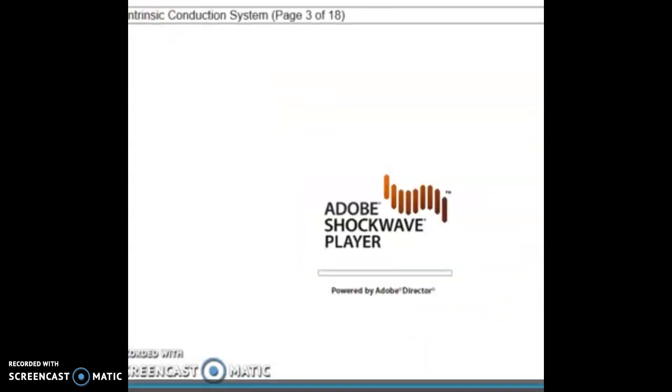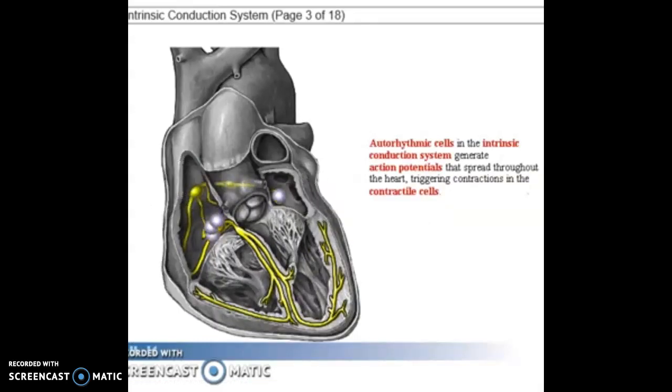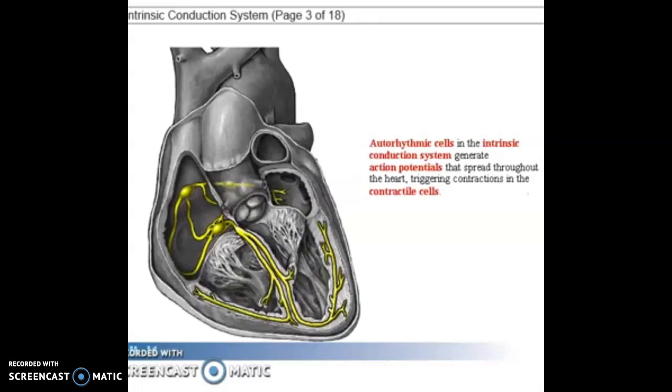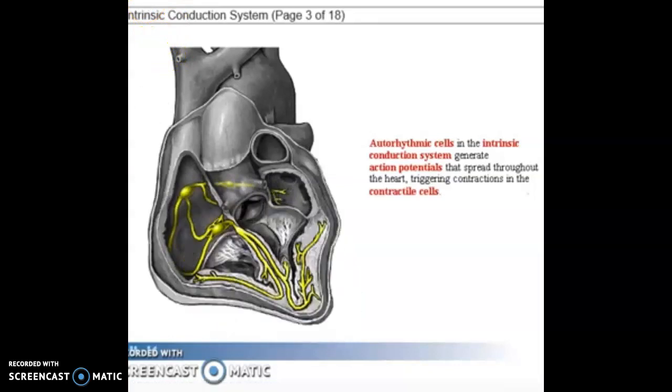Okay, so as a reminder of our intrinsic conducting system, cardiac autorhythmic cells in the intrinsic conduction system generate action potentials that spread in waves to all the cardiac contractile cells. This action causes a coordinated heart contraction.